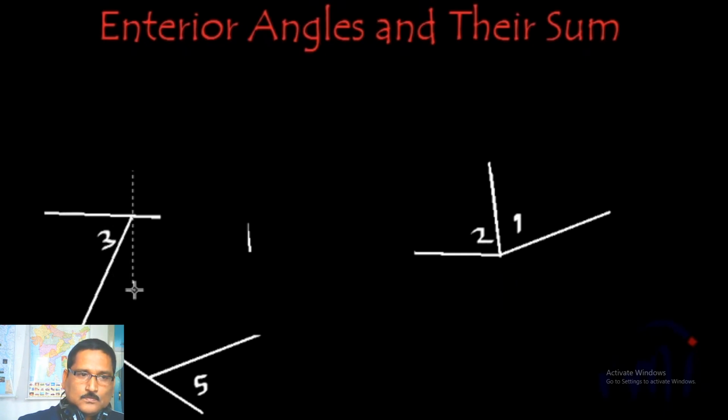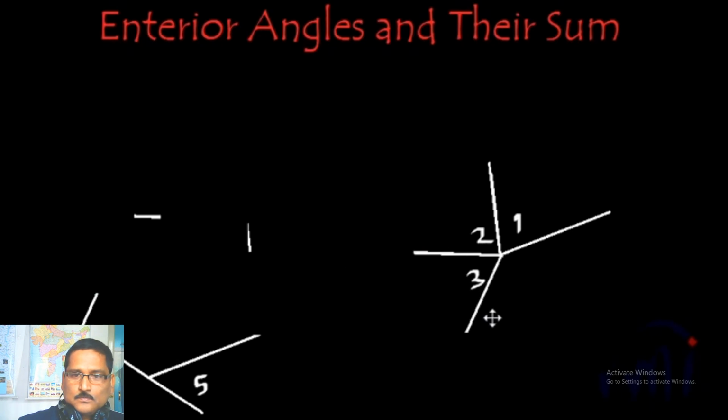And if I cut angle number 3, again I'll assemble it in such a way that their vertices coincide at one point. And now it is the turn of angle number 4.